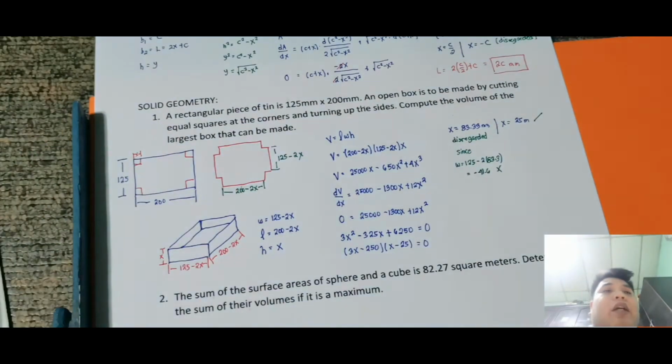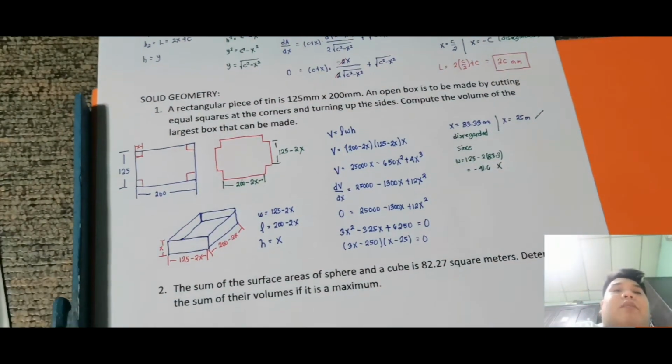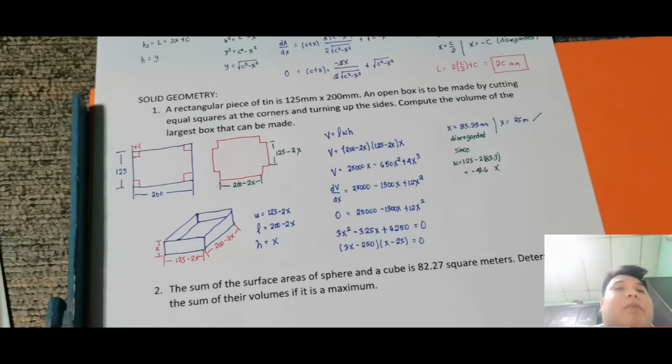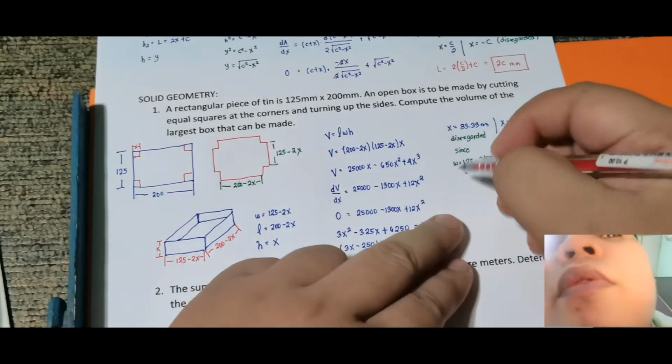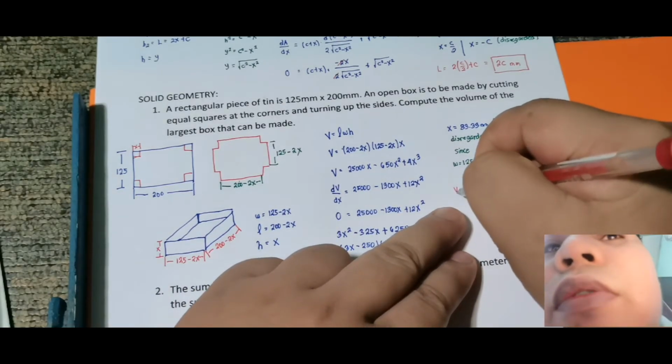Okay, so proceed. Now, what we're looking for is to compute the volume of the largest box. Since we're looking for volume, this is what we'll use. For the volume, we just need to substitute 25.